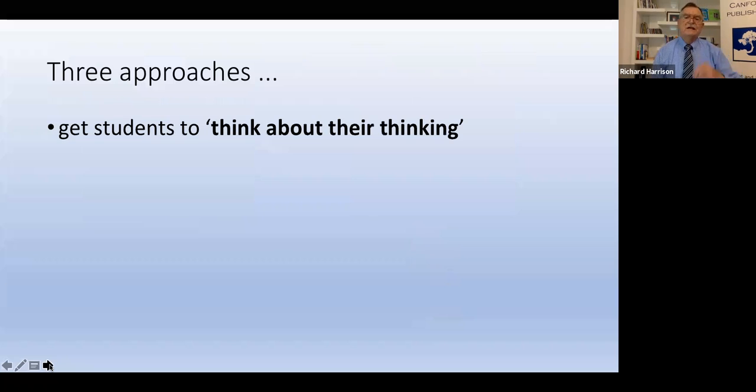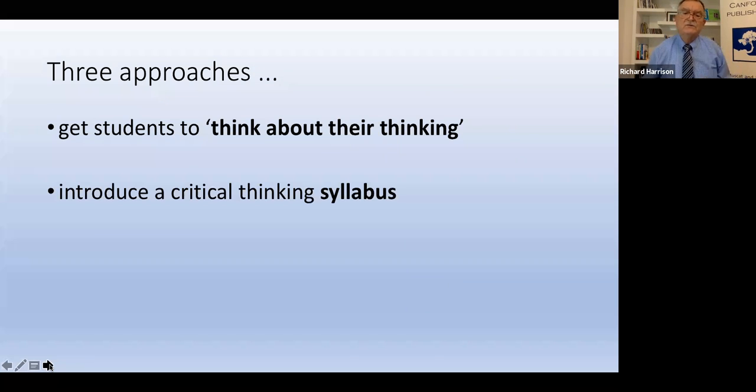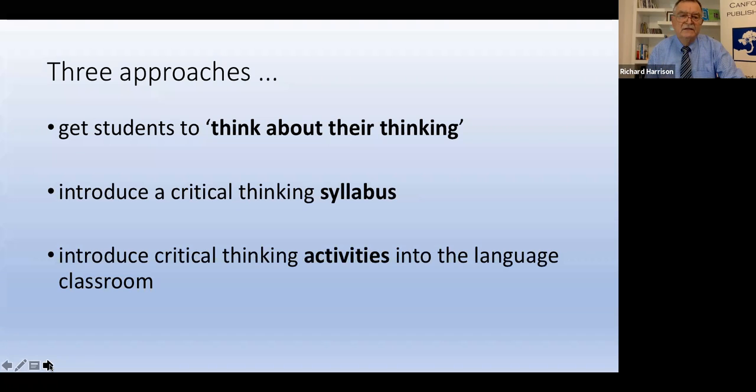The first one is to get students to think about their thinking, which is metacognition. I'll go back into this in a moment. The second one is to introduce a critical thinking syllabus alongside your existing syllabus in the foundation program or wherever. And I'll be looking at that in detail.